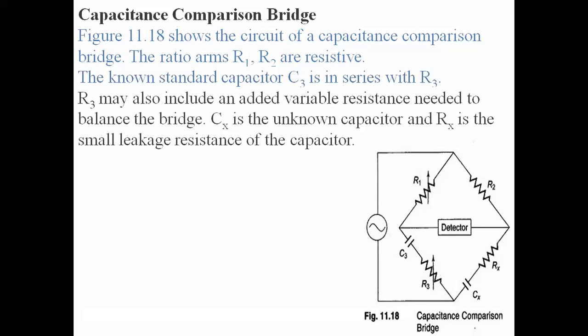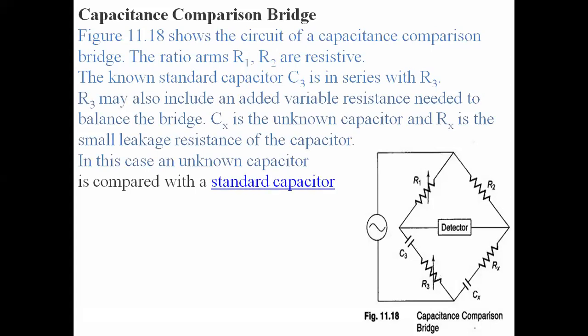So the unknown capacitance also has some leakage resistance, which will be represented as Rx. In this case, the unknown capacitor is compared with the standard capacitor, so it is a comparison type of bridge.